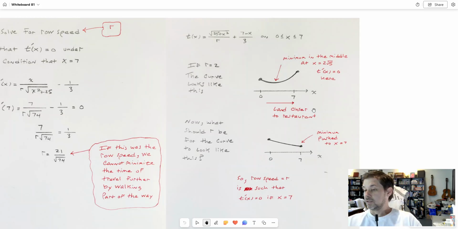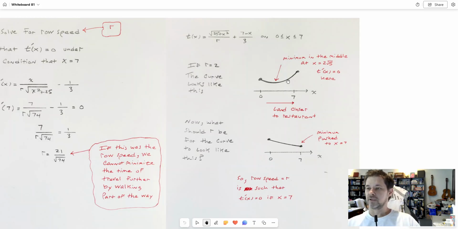what we're actually doing is thinking like this. If r becomes gradually bigger, here's what happens. This minimum point gets pushed that way. It gets pushed to landing closer to the restaurant. It gets pushed to walking less and less.